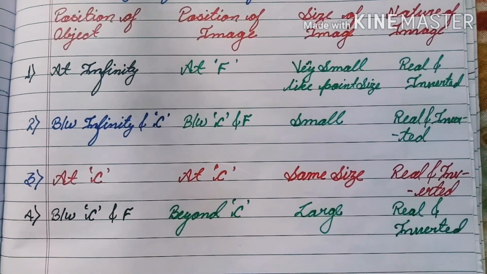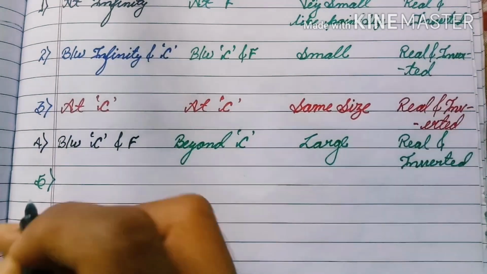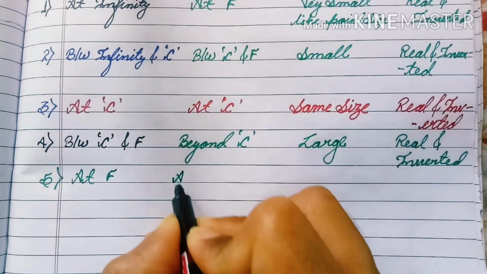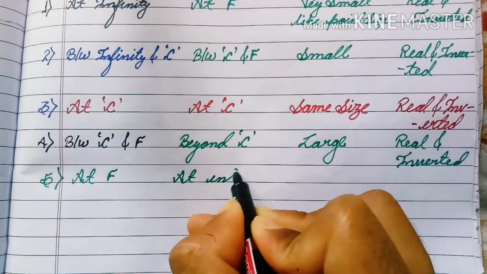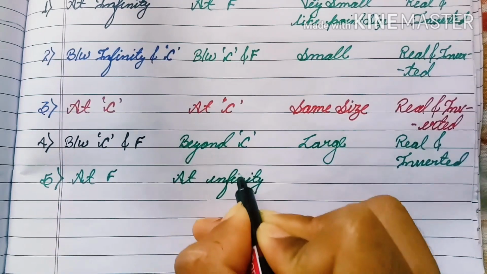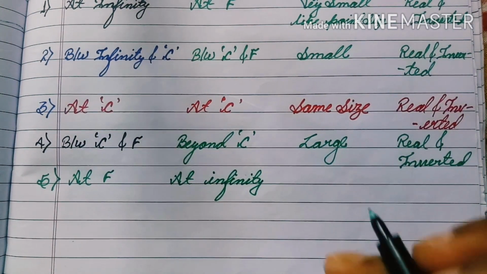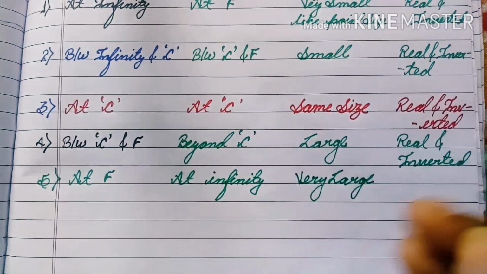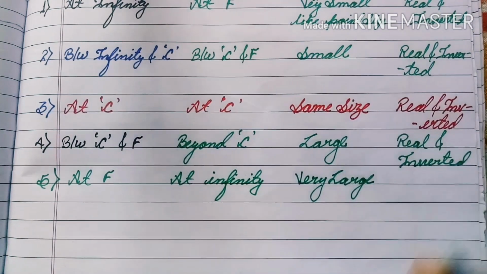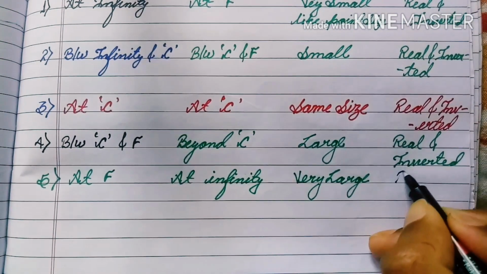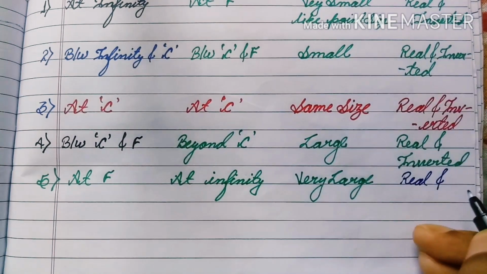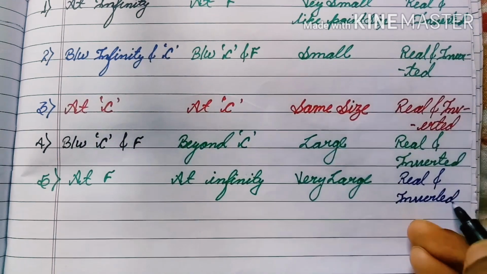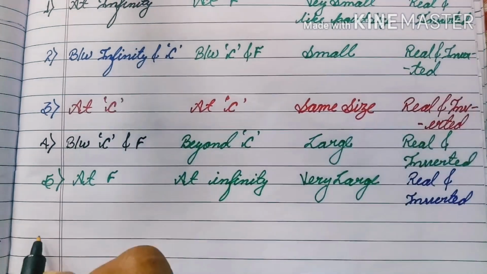Now the fifth case is when the object is placed at focus, the image is formed at infinity. The size of the image is very large, and again the nature of the image is real and inverted.